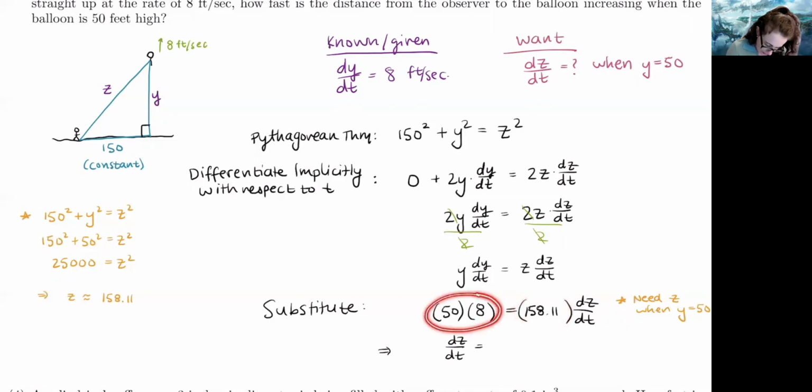Over here we have 400, so that's 400 over 158.11, or more exactly, 400 divided by the square root of 25,000. And that comes out to be about 2.53. So the units for this, the measure of z is a length measured in feet, and the time is in seconds, so this would be 2.53 feet per second.